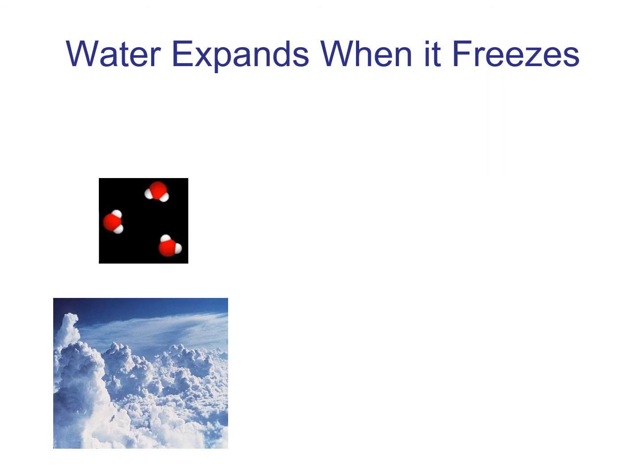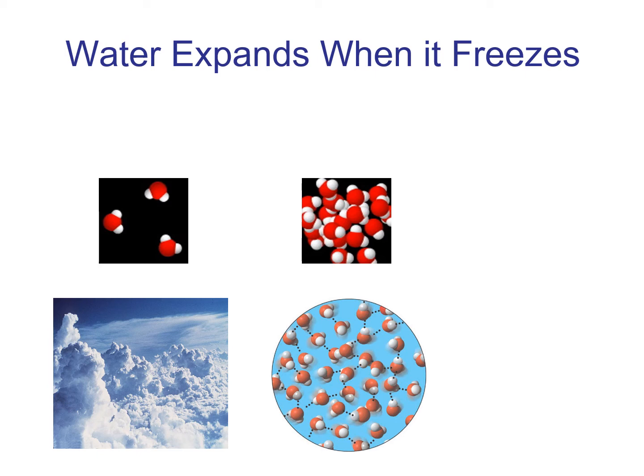So here we've got water vapor. You can't actually see water vapor. So in that diagram, the clouds you're seeing are actually tiny droplets of water. But the air up above there will contain water that you can't see. That is water vapor. In water vapor, the water molecules are far apart and moving rapidly. In liquid water, the water molecules are moving all over the place randomly, bumping into each other.